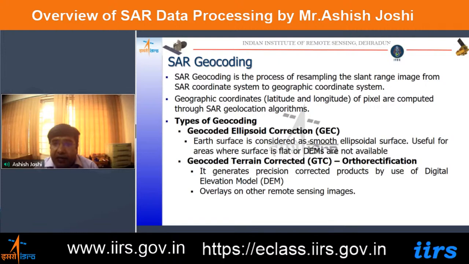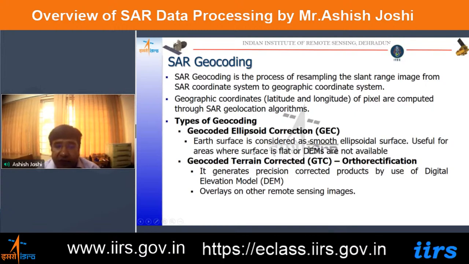In the ellipsoid correction, we do this correction using the earth's average height. But for the geocoded terrain correction, we have to include the DEM also. DEM, what is DEM? It is called the digital elevation model. So for correcting the geometrical distortions, we consider the DEM for the geocoded terrain correction, which is also called the ortho rectification.